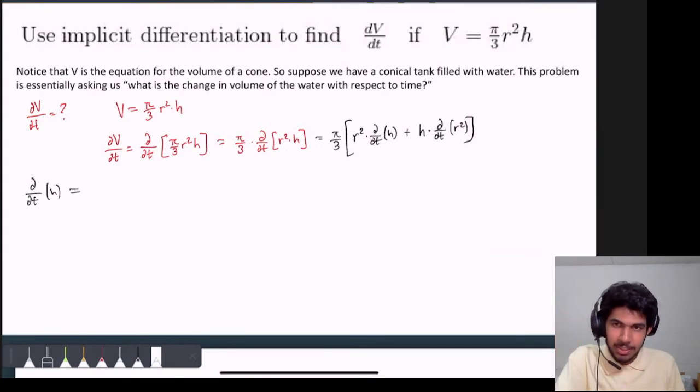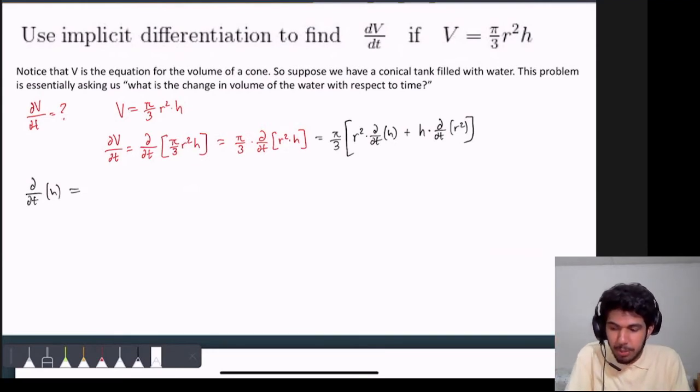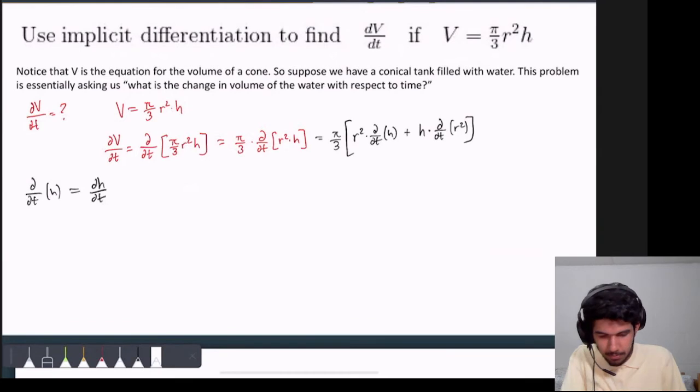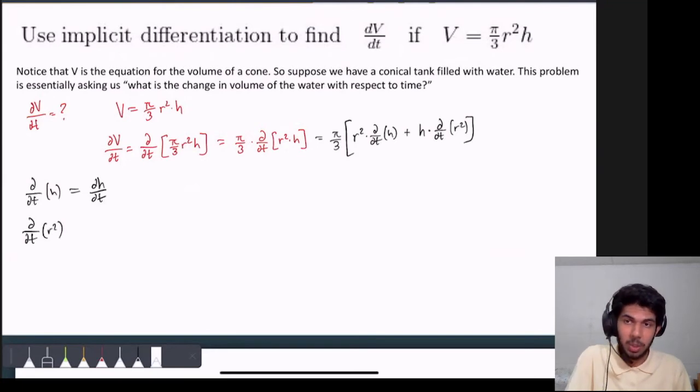Well, that's very similar to d/dx of y, right? It's just two different variables, and the point is that the variables don't match, so we have to do that implicit differentiation. So that's just dh/dt. Similarly, if we ask what is d/dt of r squared, that's like me asking what is d/dx of y squared, right?